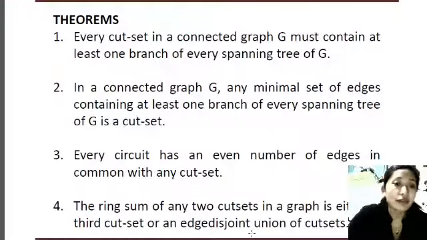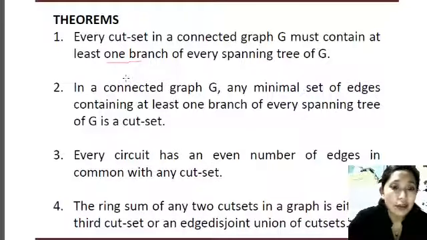So these are some of the properties of a cut set. Every cut set must contain at least one branch of a spanning tree. Why it has to be true is because if a cut set does not contain any branch of the spanning tree, then it is not going to disconnect the graph, because for a given graph, every possible spanning tree is a connected subgraph of that given graph.